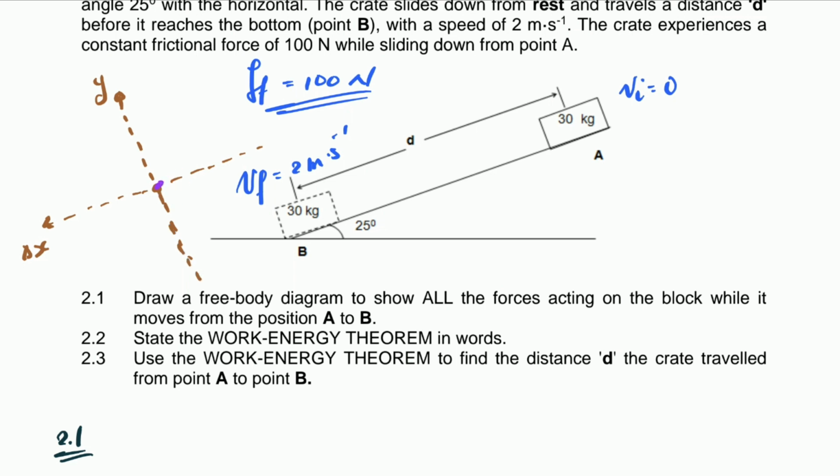Here we have first of all the friction, which is in the opposite direction of motion. This is frictional force. You have normal force because it's on a surface and the surface is experiencing a force perpendicular to it, which is the normal force, and the other force is weight down here. This one is the third force. There's only three forces there.